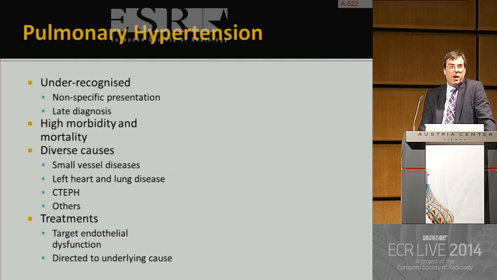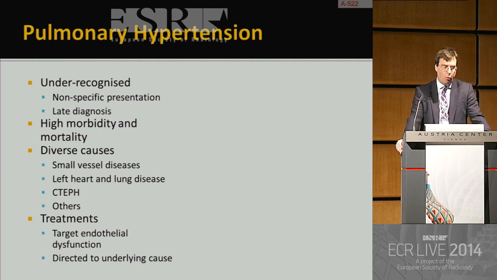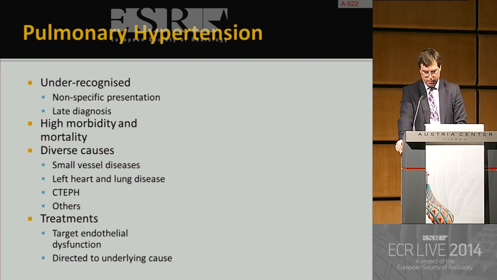To briefly summarize, pulmonary hypertension is an under-recognized disease. It presents non-specifically and therefore is often diagnosed very late with consequent high mortality and morbidity. There are lots of different causes of pulmonary hypertension. Those causes have very, very different treatments.